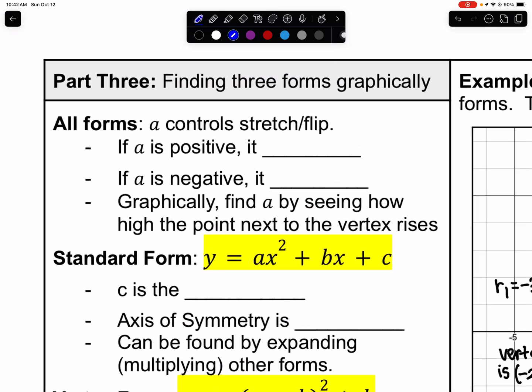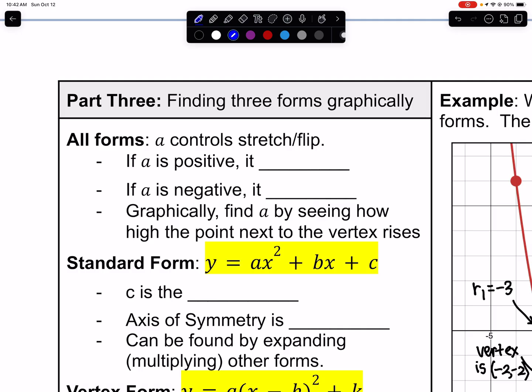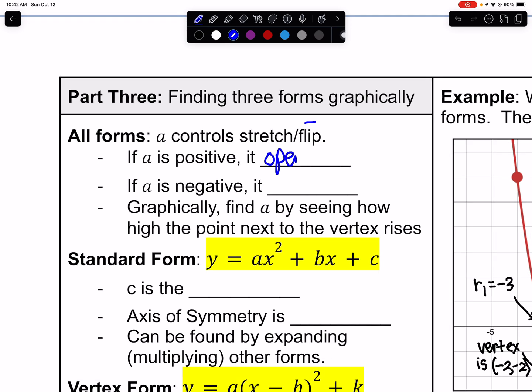So no matter what form you're in, you always have A. Okay, we know A controls the stretch and compress, and it also controls flip if it's negative, right? That negative sign. So if A is positive, the parabola opens up, and if A is negative, the parabola opens down.